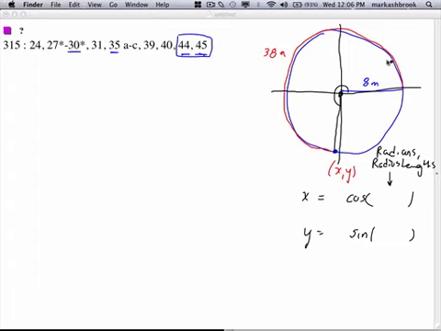So, how many radius lengths is 38 meters? You're going to take 38 over 8, because that will give you how many radius lengths you went around. And then the cosine of that will give you the x-coordinate as what kind of unit? So what will the output of cosine of 38 over 8 be? Radius lengths.